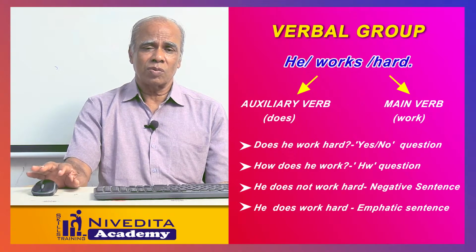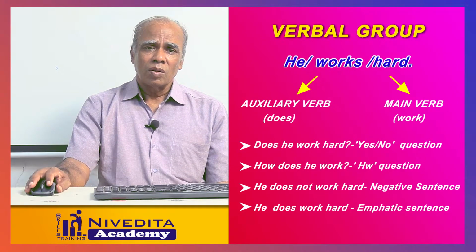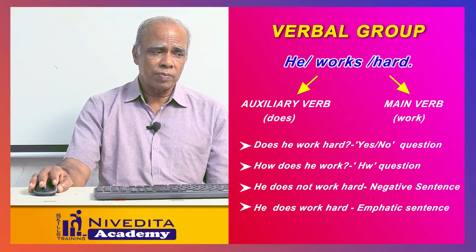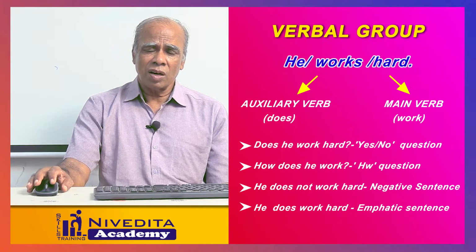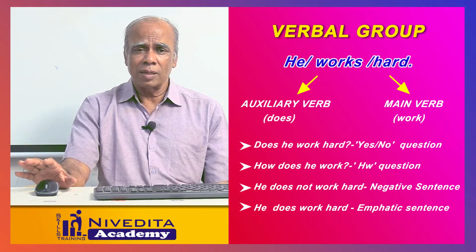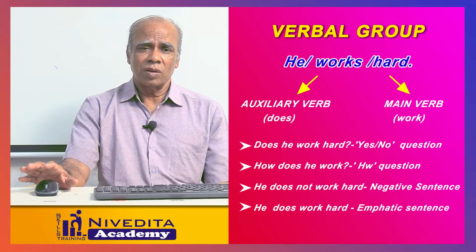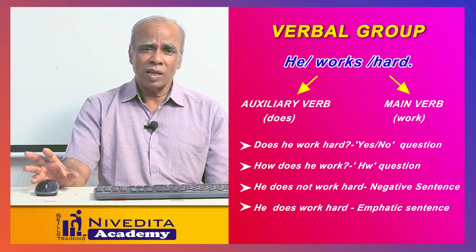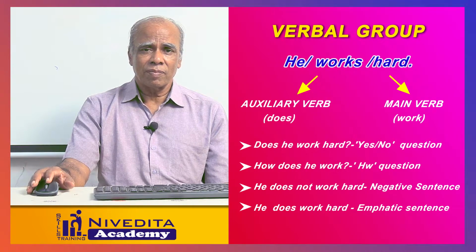That is understood. So here the auxiliary verb is there, and the main verb is also there; work is the main verb. These do forms are not used in statements, but they are understood. Do, does or did, you can understand these forms easily.